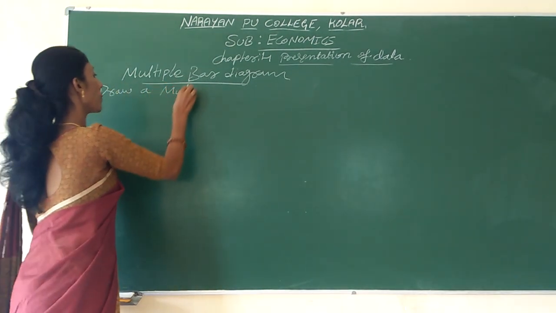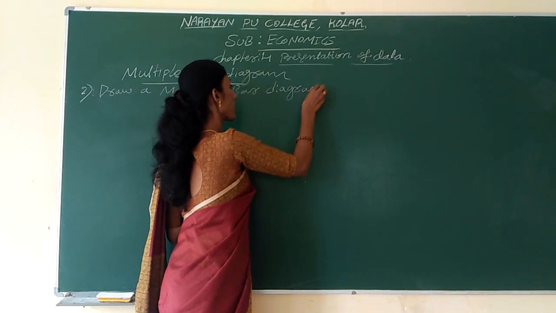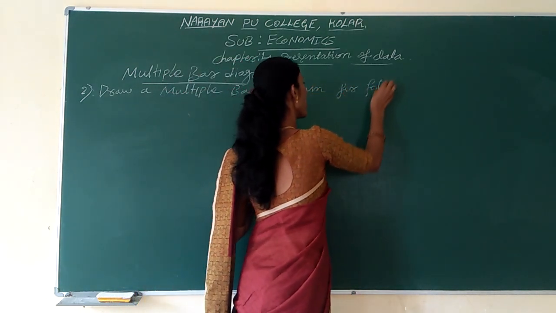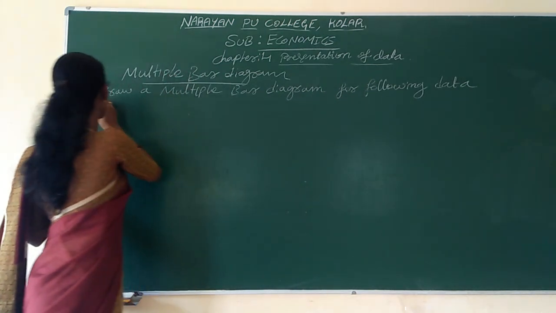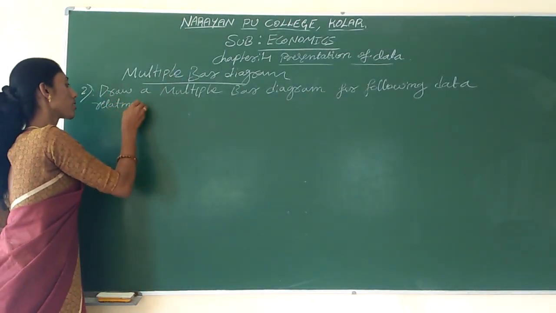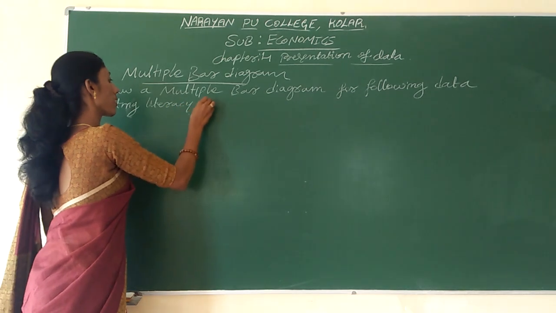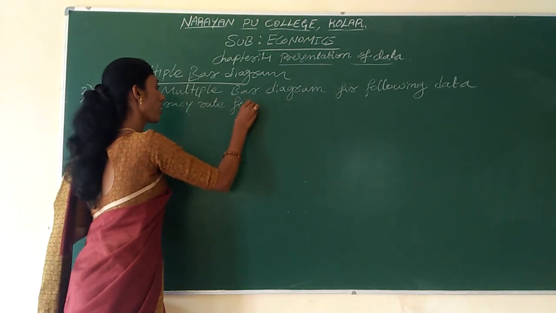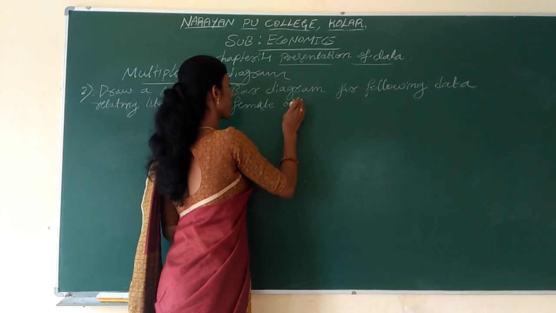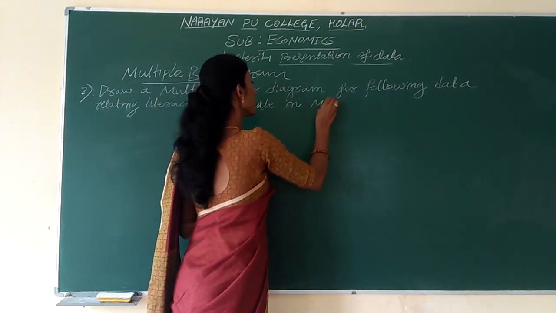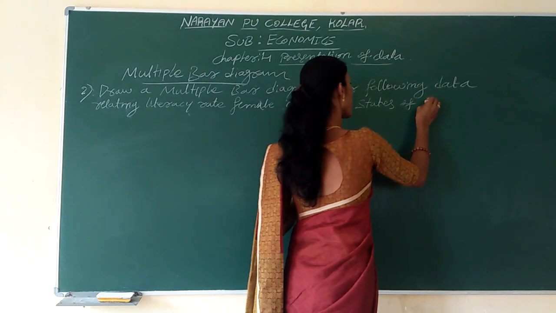Draw a multiple bar diagram for the following data relating to the literacy rate of females in major states of a country.